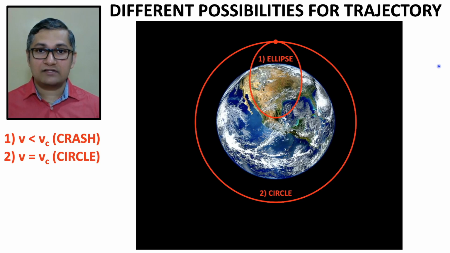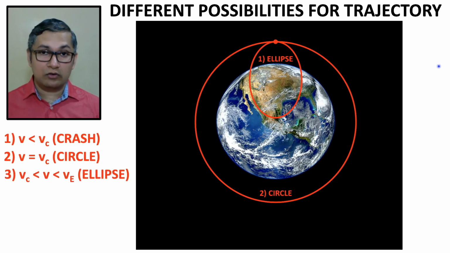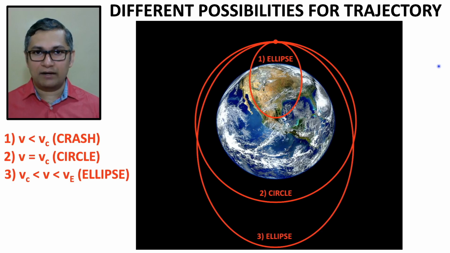Okay, what if the speed becomes more than the critical speed, but still less than the escape speed which we saw in the previous slide? So the satellite is not going to escape. It's a little bit more than the critical speed, but not so much more that it escapes out. So again, I will have an elliptical path this time. But the shape of this ellipse is such that the trajectory never enters the Earth's atmosphere.